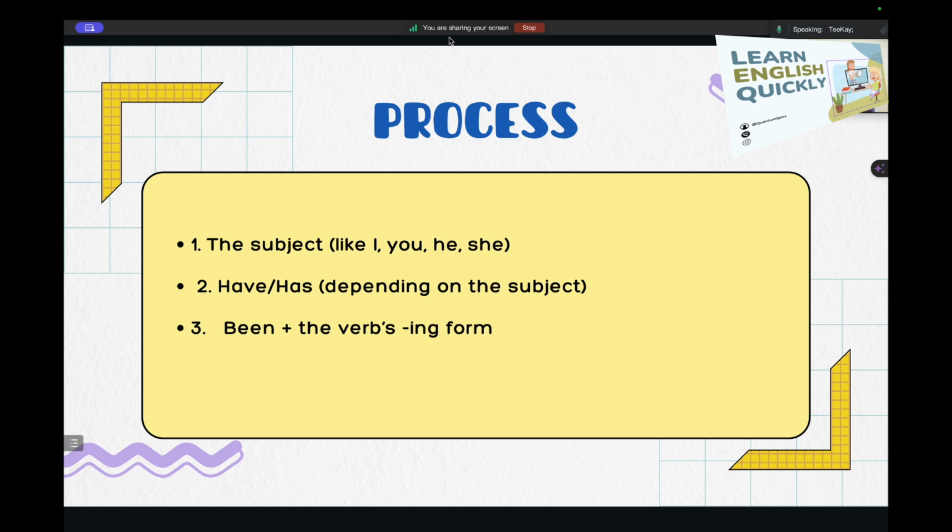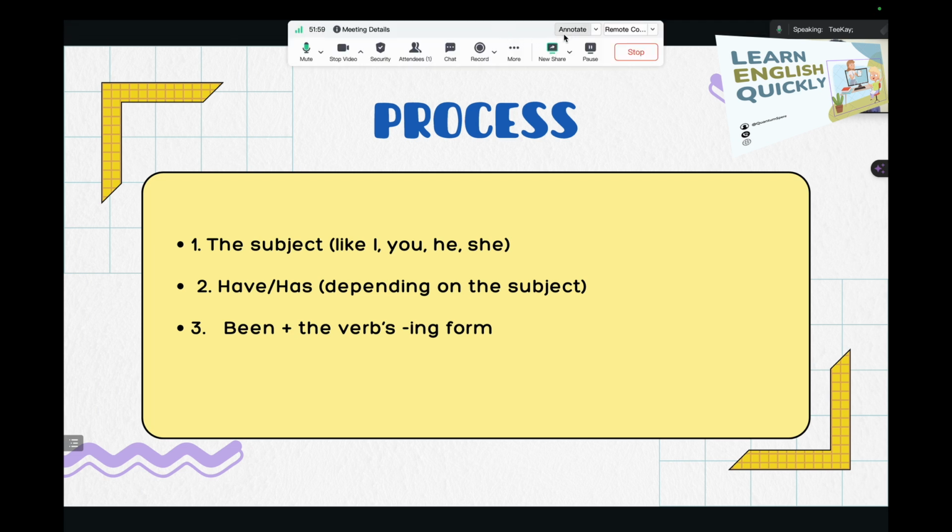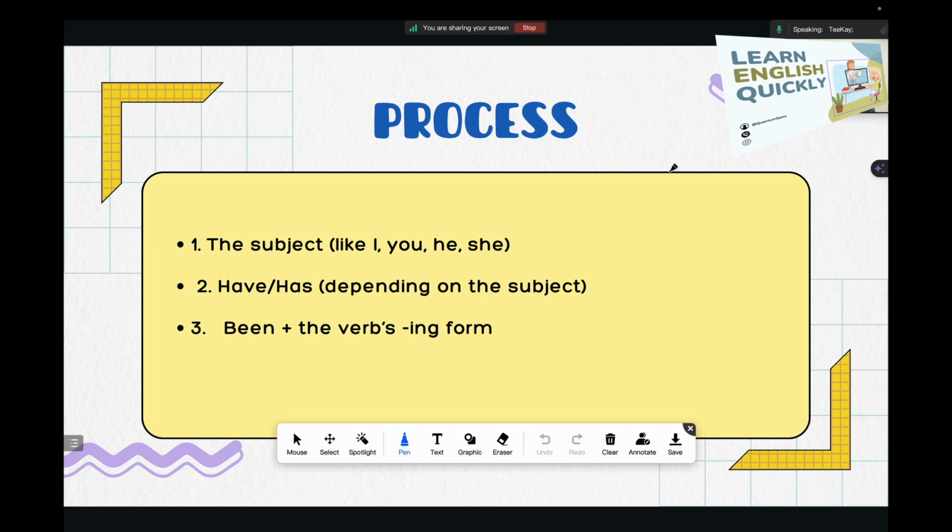So let's start with the subject. When we talk about the subject, here we have I, you, he, she, and we have more subjects like they, we, and so on. And now here we have have and has. And if you look here, we say depending on the subject.